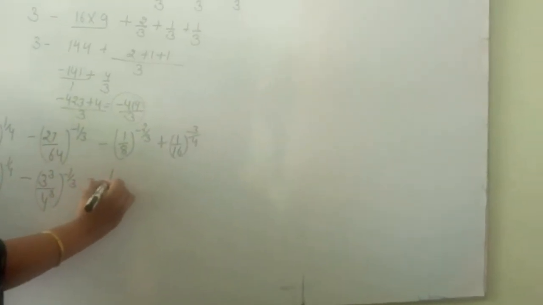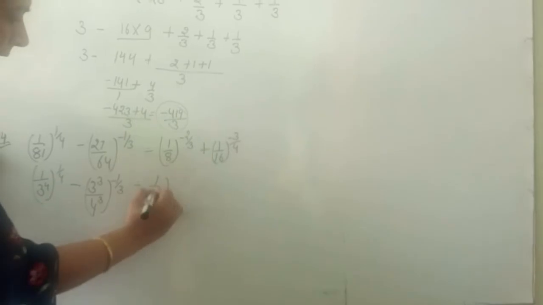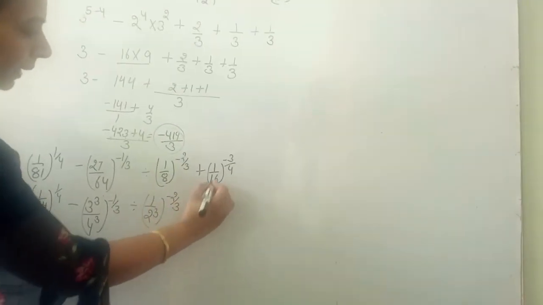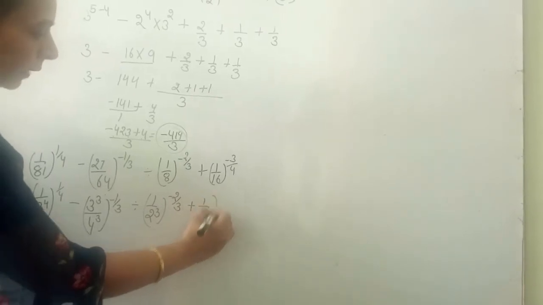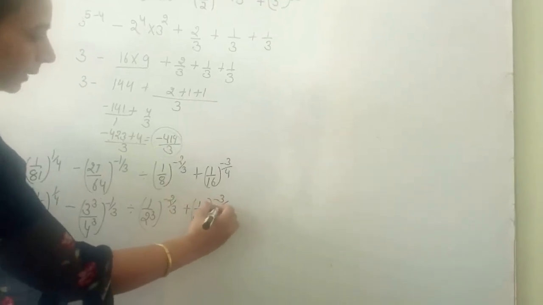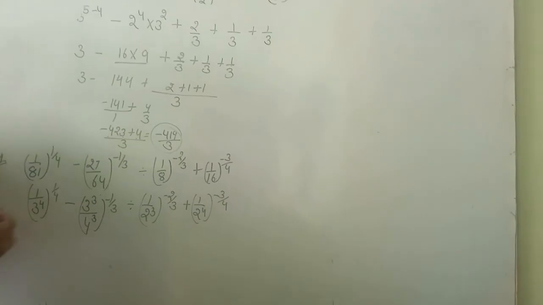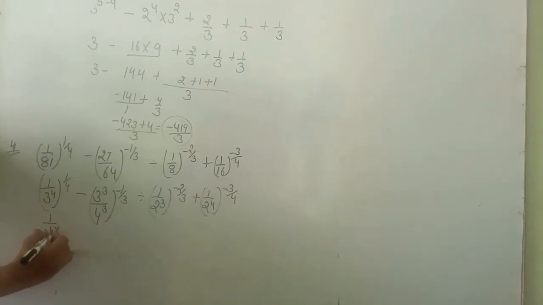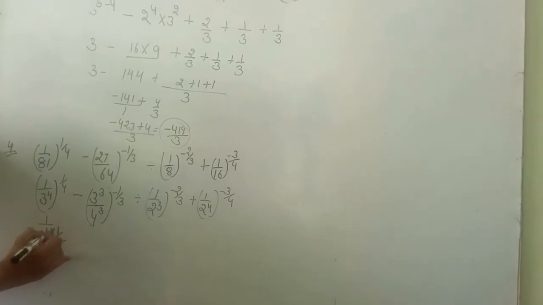Divided by (1/2) raised to the power 3 and raised to the power 2/3, plus (1/2) raised to the power 4 and raised to the power -3/4. Okay. Then according to the power law, (1/3) raised to the power 4 multiplied by 1/4, the 4 and 4 cancel.